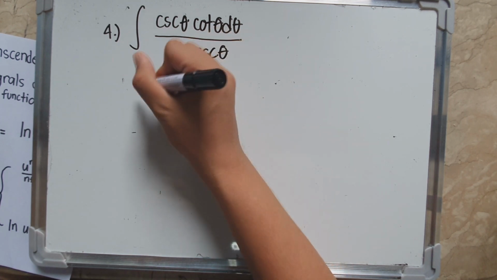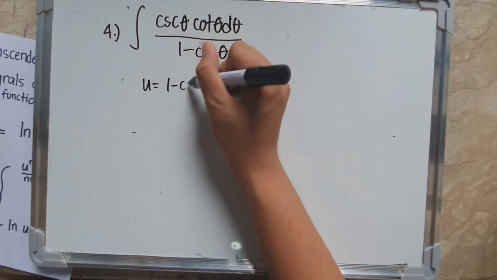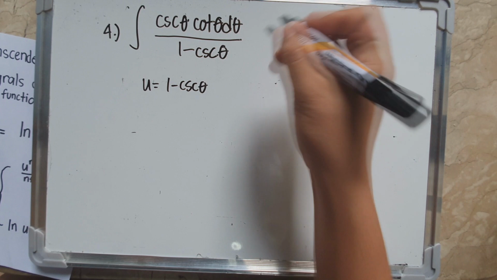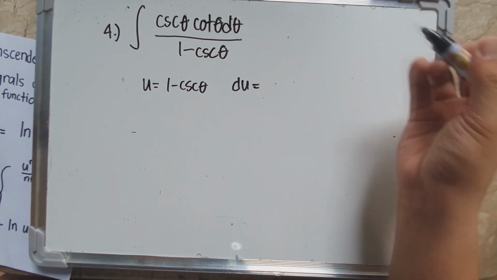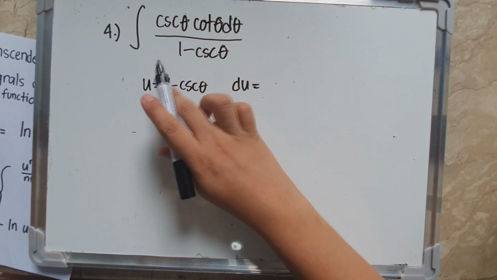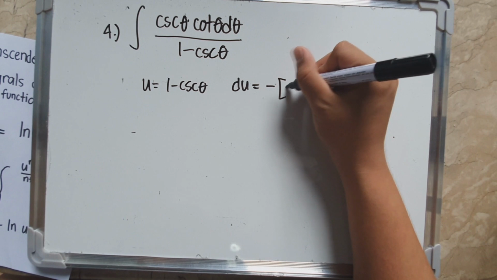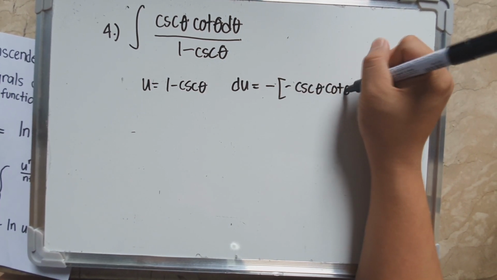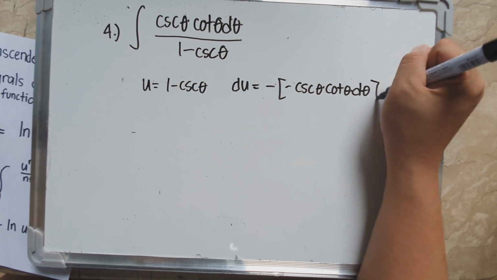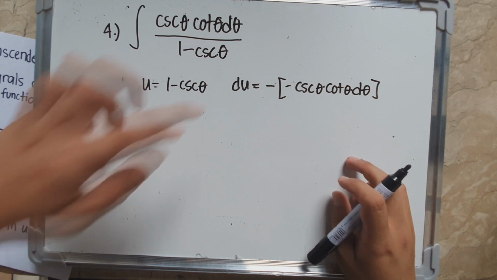So if we assign u as 1 minus cosecant theta, the denominator, let's hope that the numerator is the direct derivative of this one. The derivative of 1 is 0. Negative, the derivative of cosecant, that is negative cosecant theta cotangent theta d theta. Negative times negative, we have positive.